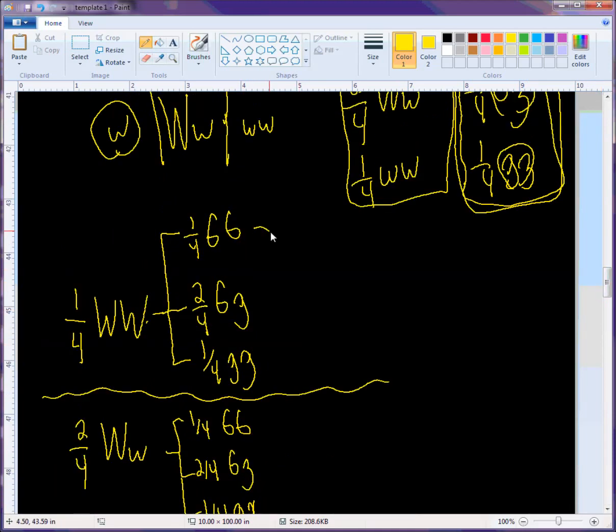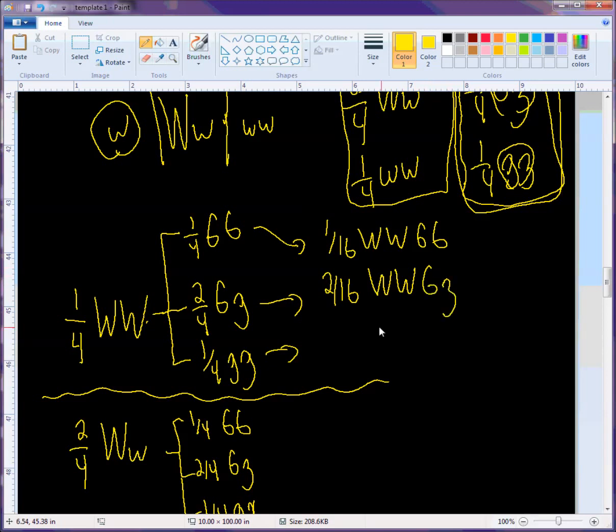So we would just multiply these across. That's 1/4 times 1/4, which is 1 out of 16. One quarter times 2/4 is 2 out of 16. And then these are two big W's, big G, little g.